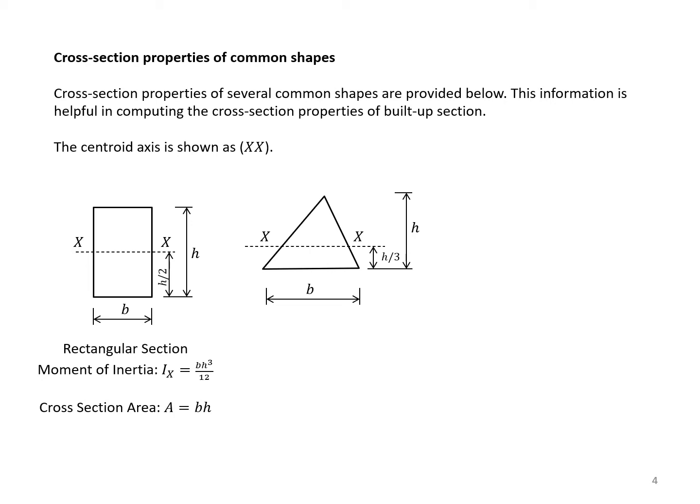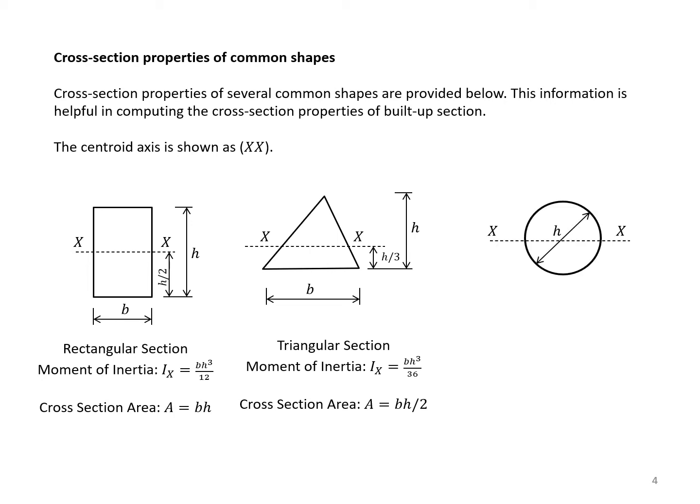For a triangular section with respect to its own XX axis, which is at h over 3 from the base, the moment of inertia Ix is BH cubed over 36, and cross-sectional area is BH over 2.